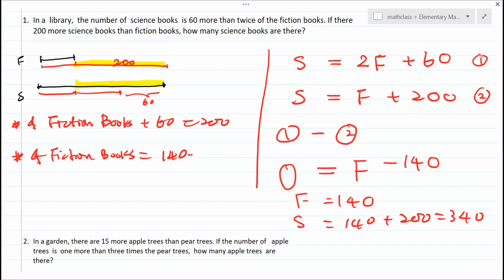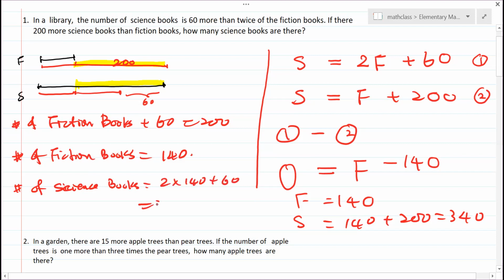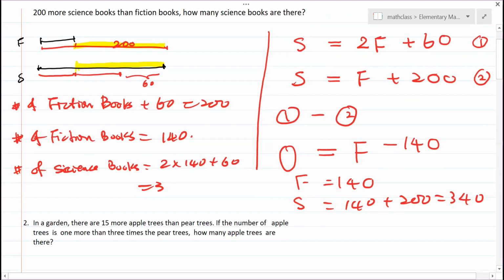Science books will be twice the fiction books plus 60. Hold on, let me check. Yeah, it's 340. You can do it like that. So it's different computations.